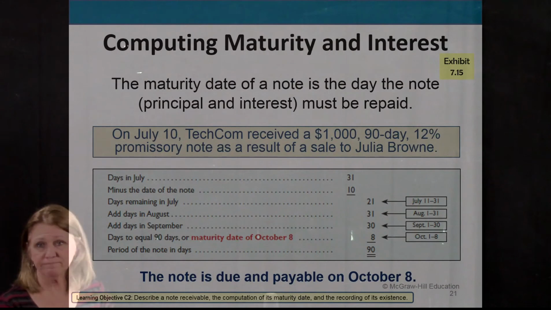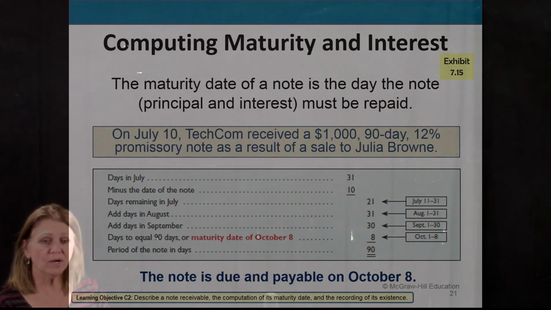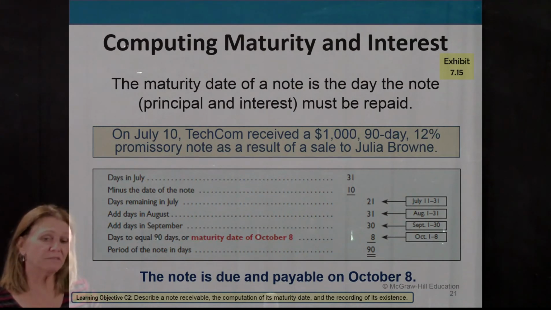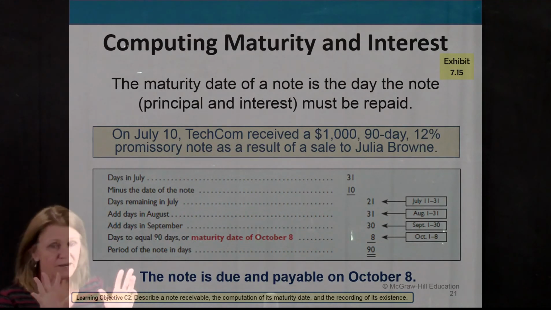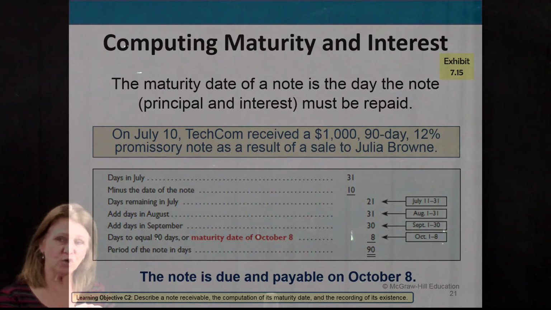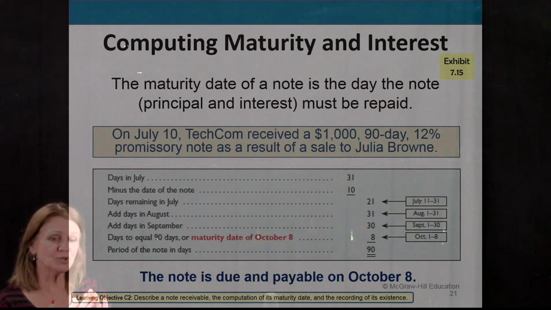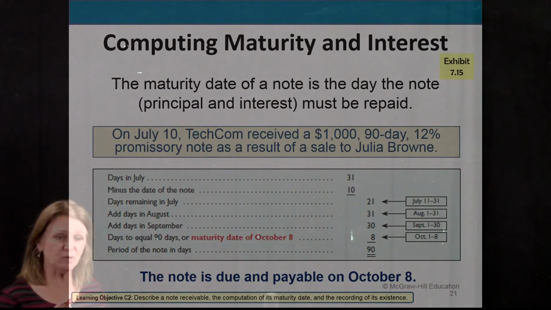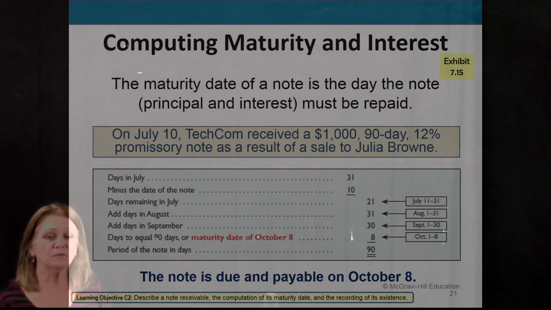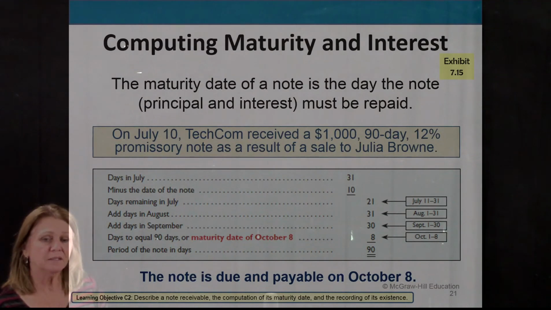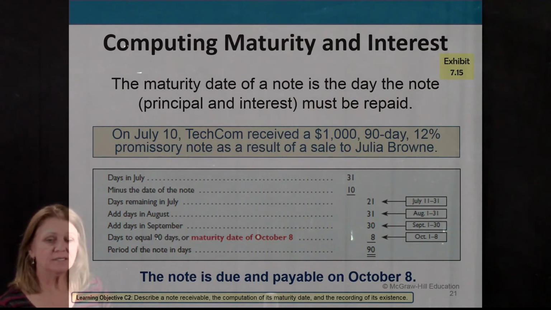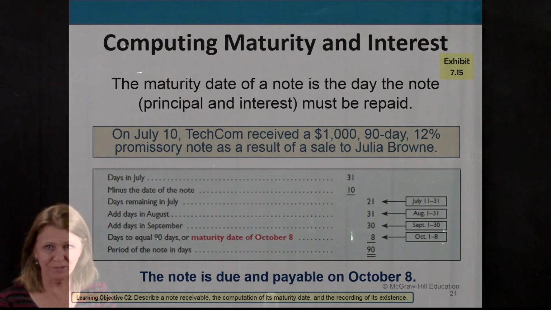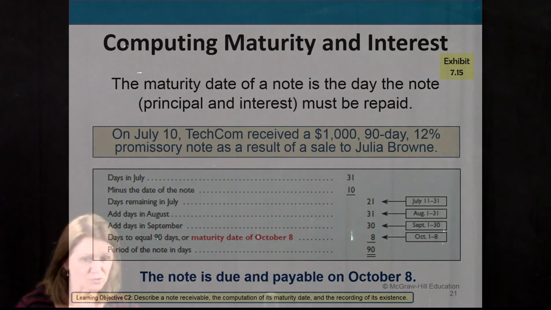Well, 90 days is when it's due. So we're on July 10th, so we start out with the days in July. There's 31 days in July. So you need to learn some kind of an acronym. I say 30 days has September, April, June, and November. Everything else has 31 except February that has 28. So July is a 31-day month. We subtract the date of the note, which is the 10th. You never count the date of the note in interest, but you count the day the interest is paid.